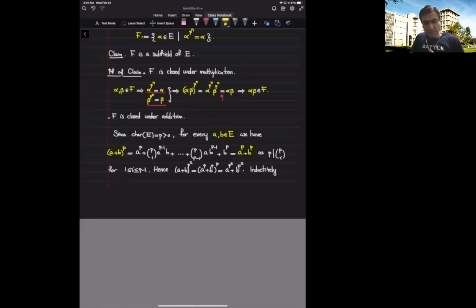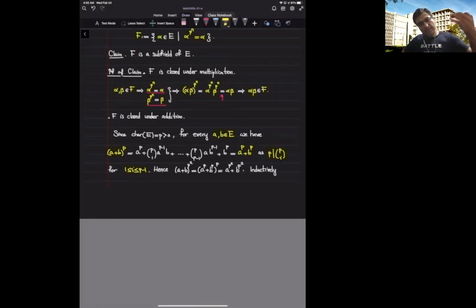And the proof is rather easy. We just use binomial expansion, expand (a plus b) to the power p, and use the fact that p divides p choose i as long as i is in the range of 1 to p minus 1. So all these middle terms are actually 0 because the characteristic is p and p divides all the coefficients. Therefore we end up getting only the initial term and the last term, a to the p and b to the p.